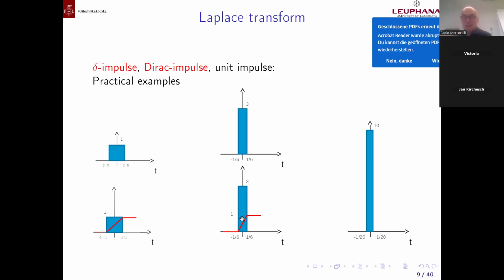At least the amplitude. Here you can do the same. If you consider the same step, starting from here until 1 at point t divided by 20, we have 1 divided by 1 divided by 20. This means in terms of amplitude, the derivative of this sigma is exactly this real delta.